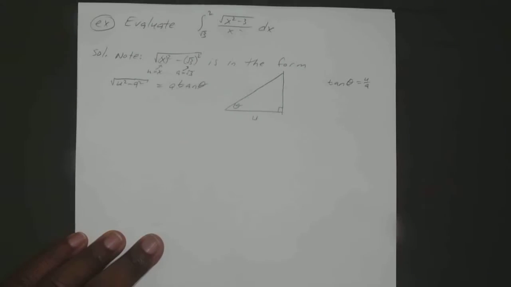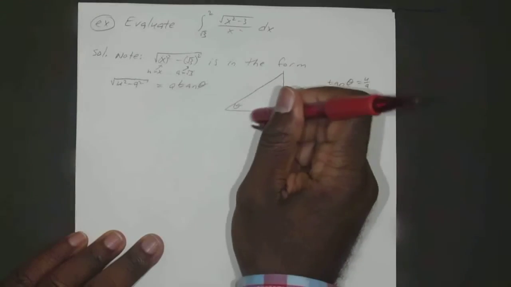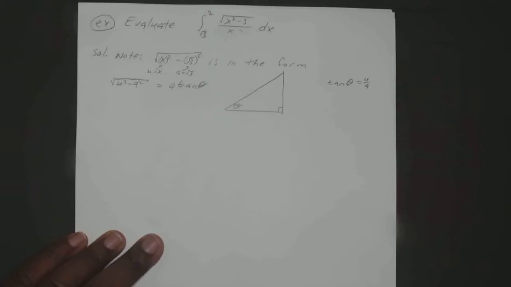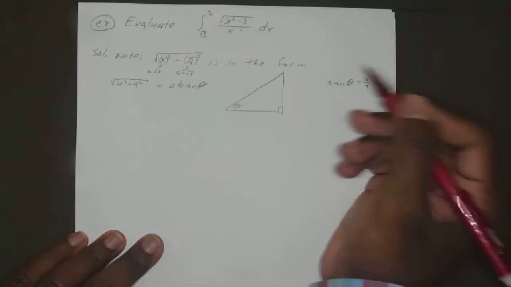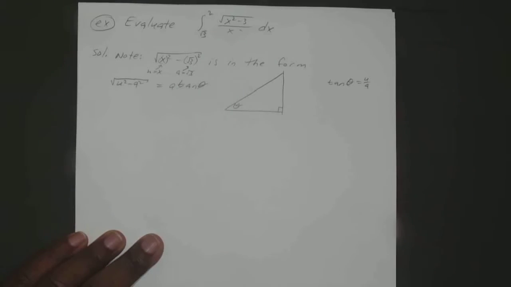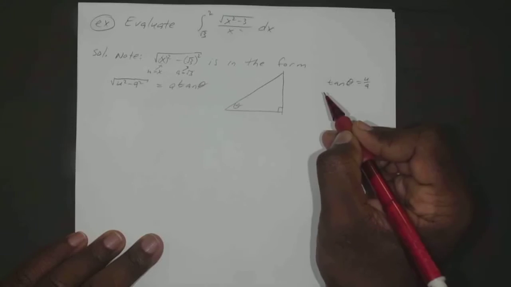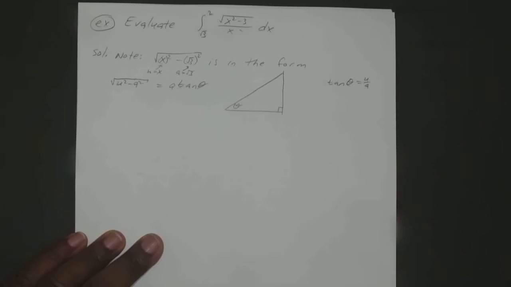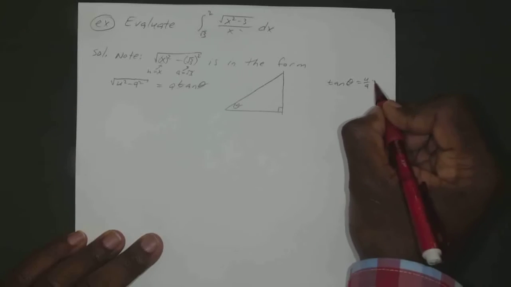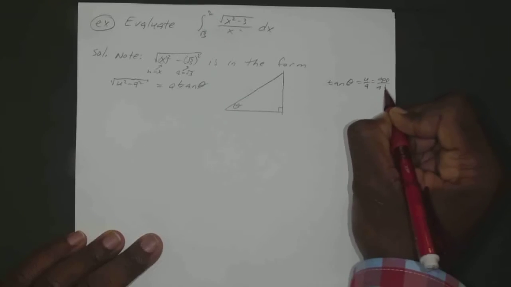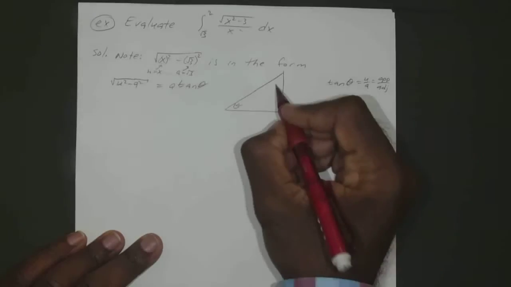Square root of 3. Opposite over adjacent, so let me just write that out.